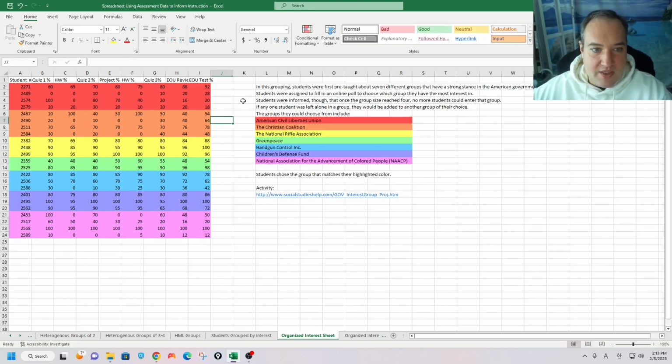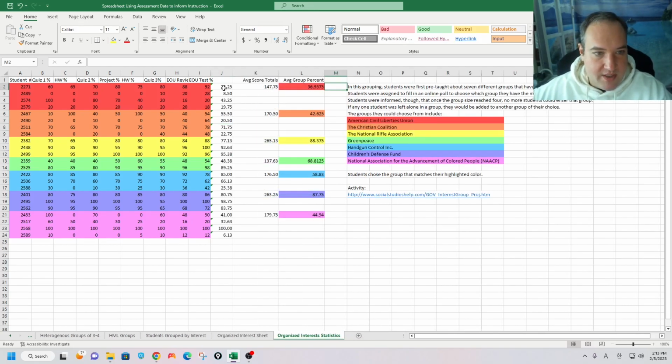However, if you are curious about how they might achieve, like if you're the teacher and you want to guess, I have organized these groups by taking their average scores again, adding them all together, and then dividing it by the number of students. So there's 4 students in this group, and that gives them an average percent of 36.